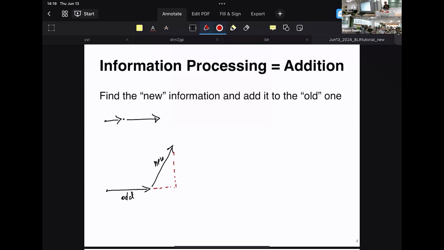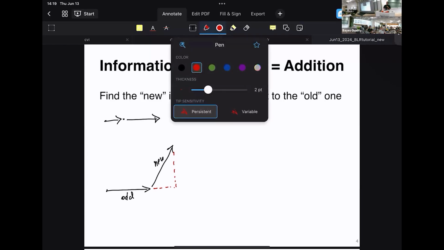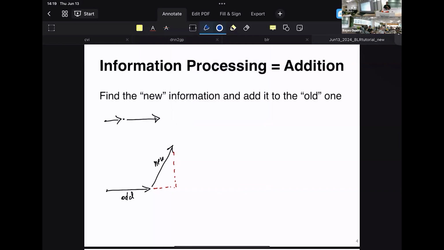And so you're right, you're doing two additions in two orthogonal directions, but you can actually also see it as first figuring out what is common, right? And so this is in the direction of the old thing, and this is the new thing, right? So addition necessarily has projection in it, right?